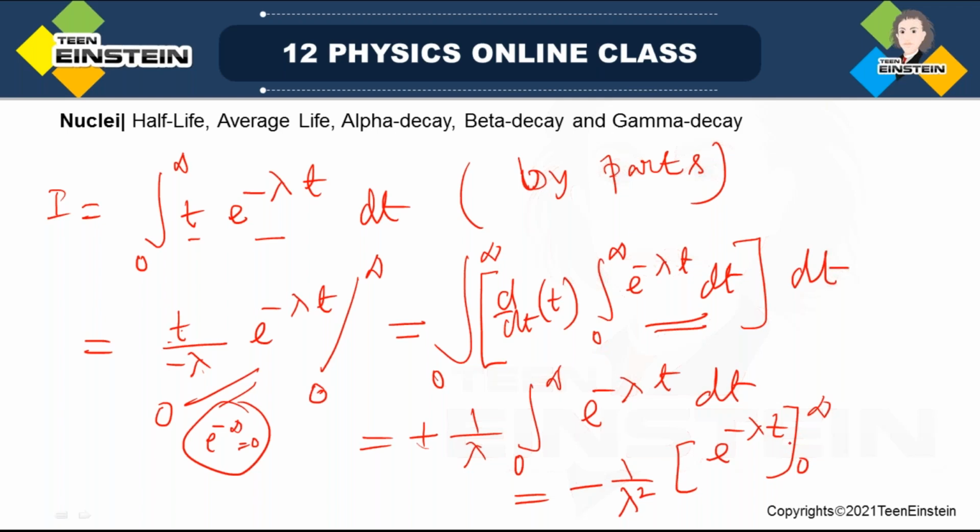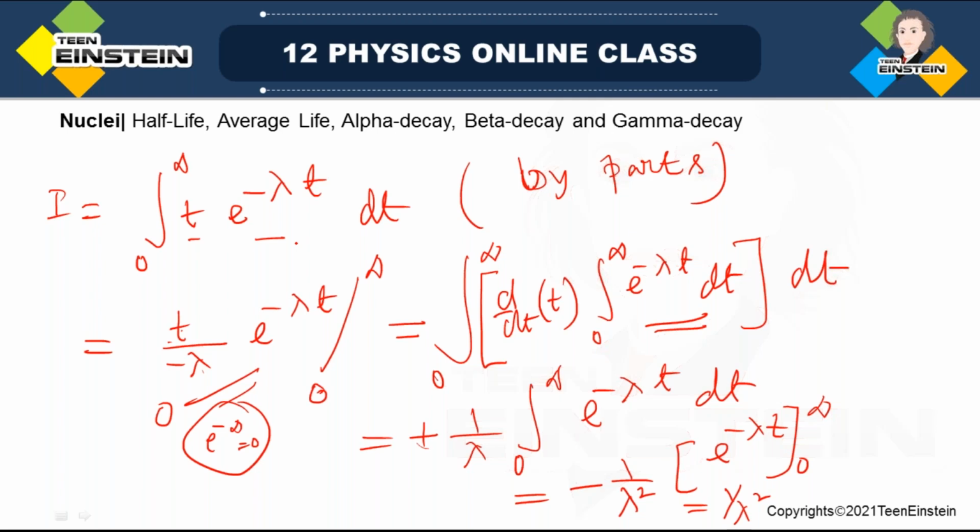For the limits, it will actually be 1 by lambda square. Minus e to the power minus infinity gives 0, and minus of e to the power 0 means minus 1. So you get minus of minus 1 by lambda square. This integration gives rise to 1 by lambda square.